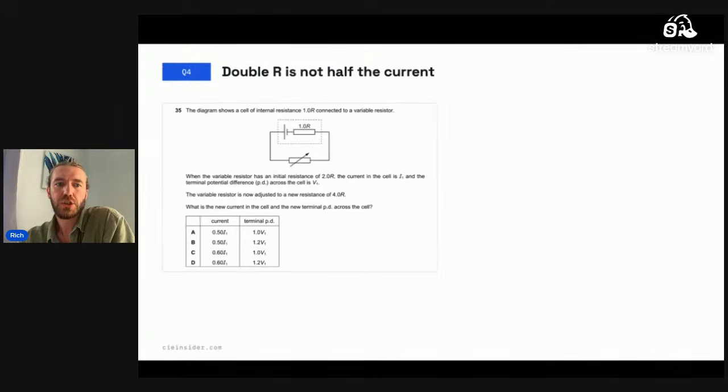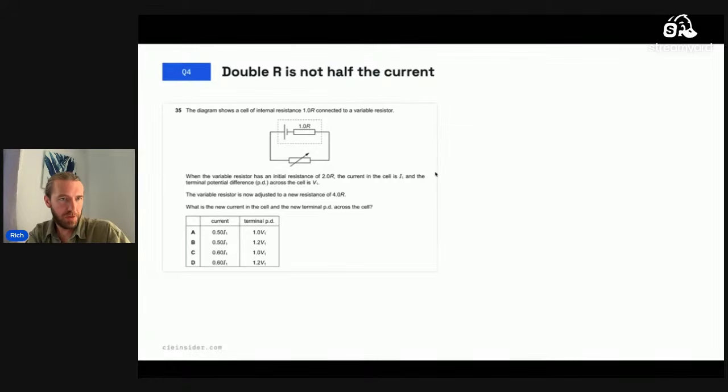All right. So what we need to think about here is obviously the variable resistor, the resistance has doubled. So straight away, that really tries to tempt students into going for A or B, which would be wrong.